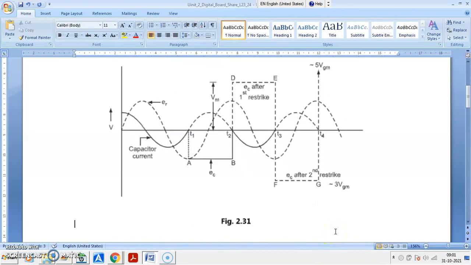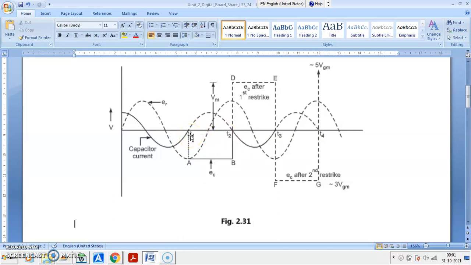In this diagram you can see, initially, this is the voltage across the circuit breaker, ER. This is the capacitor current, which is leading the voltage by 90 degrees, or the voltage is lagging. Anyway, you can say it either way. So this is the voltage across the capacitor during T1 and T2.